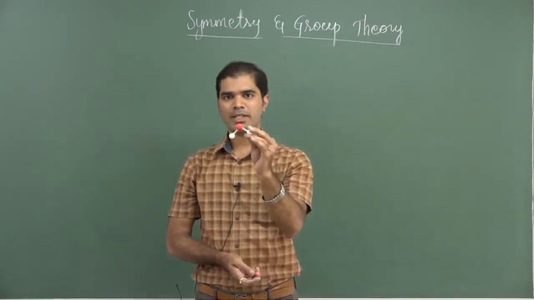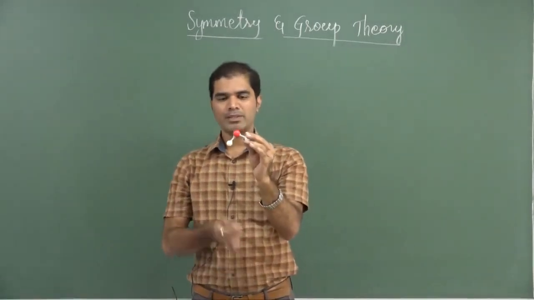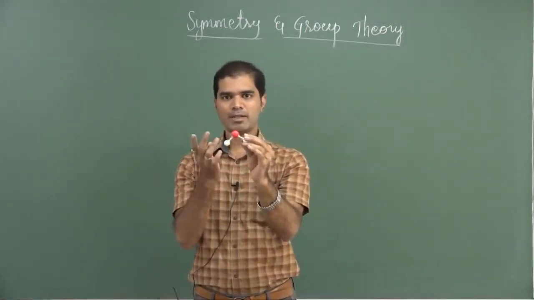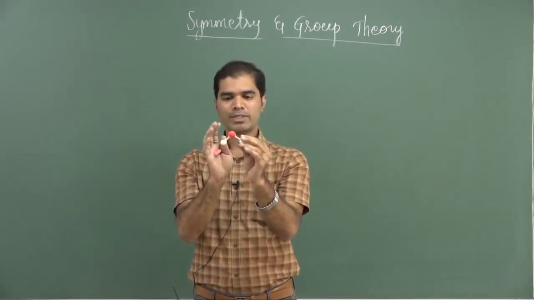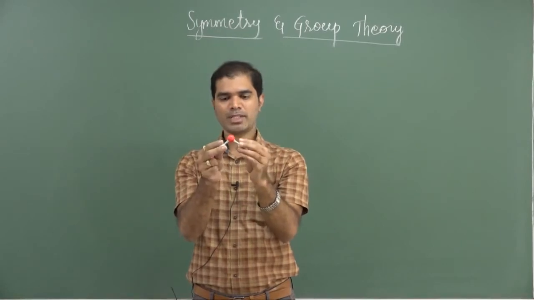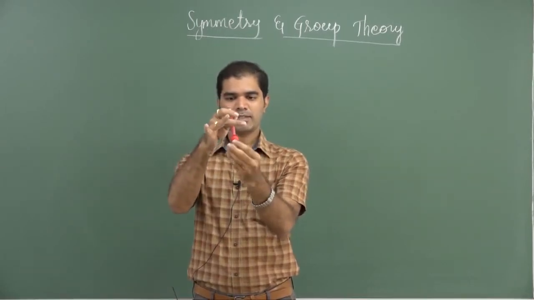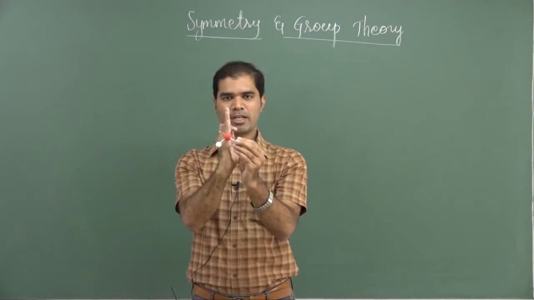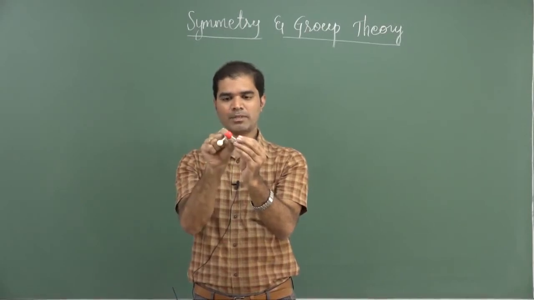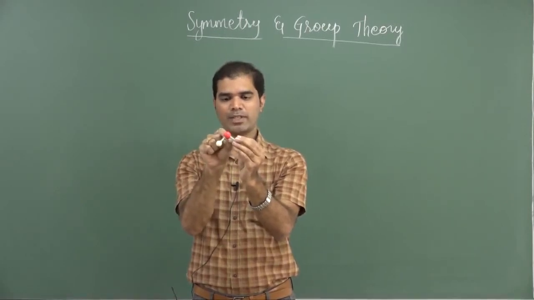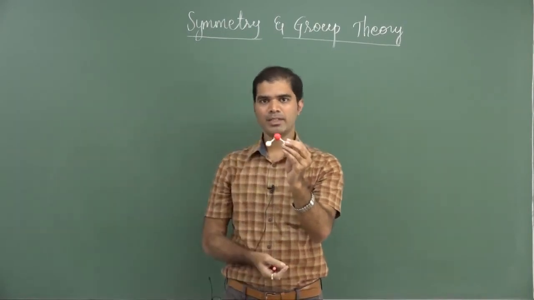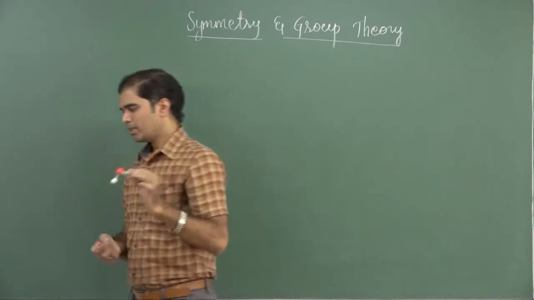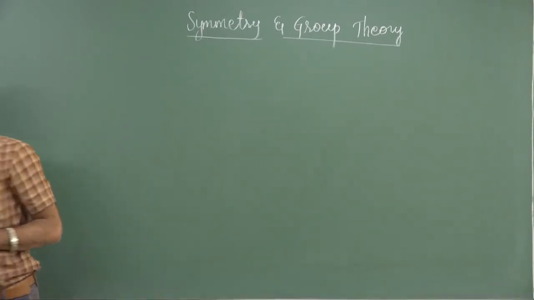All this is present in some patterns, so we have to check whether that pattern is repeating itself by passing some symmetry element. As I said, I can pass an axis and rotate, or pass a plane and reflect, or with the point called the center of gravity, you can try to invert them. Then you have to check the patterns present in the given molecule. So this is some basics of symmetry.